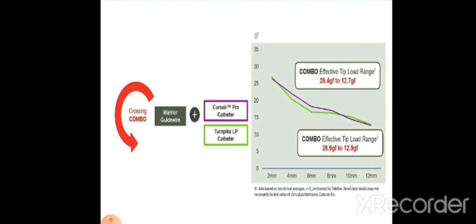So the starting effective tip load will be about 12.9 and reach up to about 26.9 gram force for Turnpike LP, while for the Corsair Pro it will start at about 12.7 gram force and may reach about 26.4 gram force. I think there is little difference between each microcatheter.